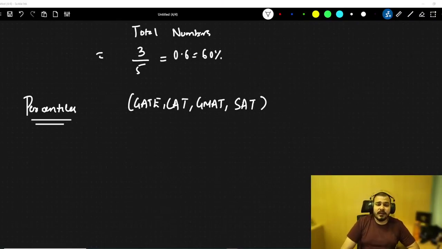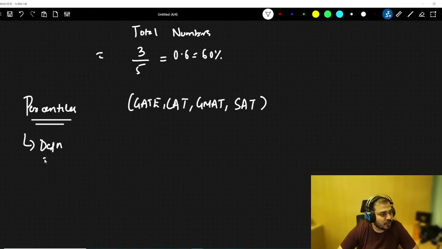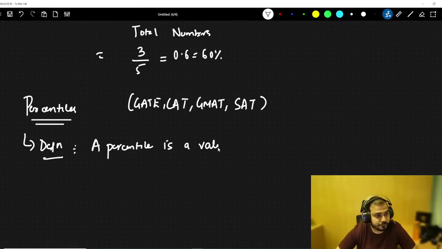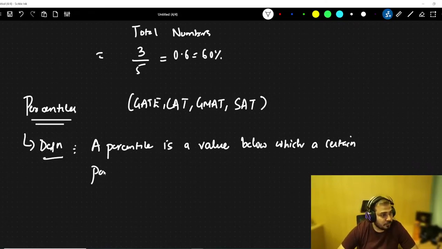First of all, we will give the definition. What is a percentile? A percentile is a value below which a certain percentage of observations lie.